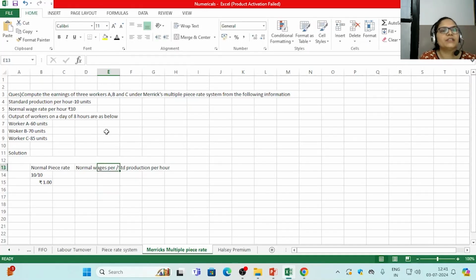Normal wages are given in the question at rupees 10, and standard production per hour is 10 units. After dividing this, we will get the normal piece rate, which is rupees 1.